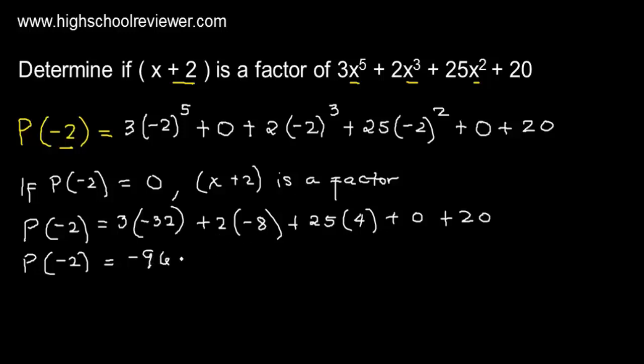Positive 2 multiplied by negative 8, this is negative 16. And positive 25 multiplied by positive 4, that is positive 100, plus 20. Negative 96 minus 16 plus 100 plus 20, this is equal to positive 8.